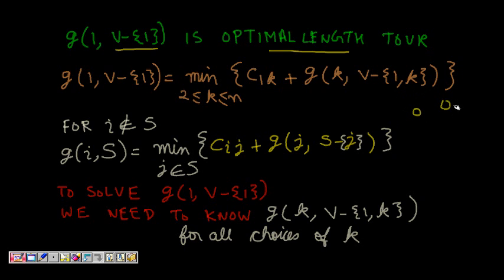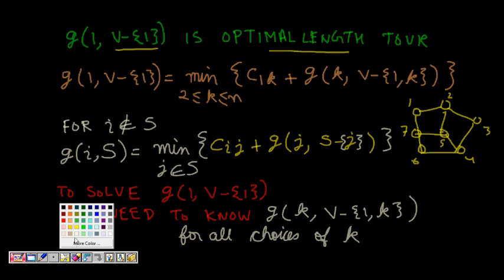Let's try to see this again with a simple graph example. This is 1, and let's say 2, 3, 4, 5 and 6, and we make some random graph. We can add one more, so 7. So what happens now? If there is a shortest tour, it starts at, let's say, 1, and we choose a k.